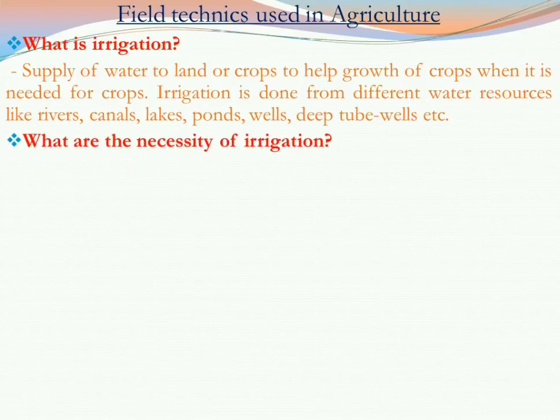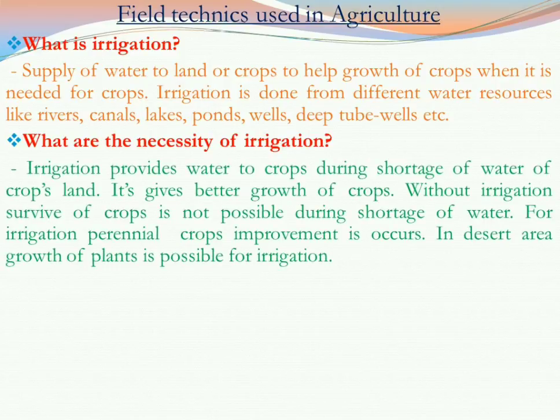Now, why should you irrigate? Let us know. Actually, irrigation provides water to crops during shortage of water in the crop land. That is the basic thing: when water is needed, at that time we supply water, and that is known as irrigation. This is given for the better growth of crops.